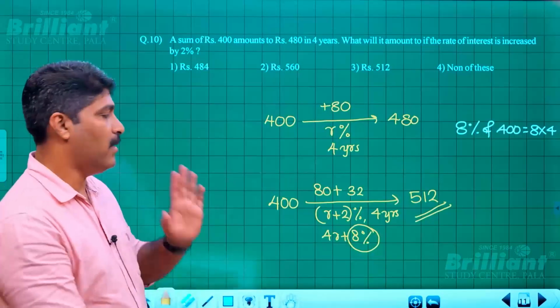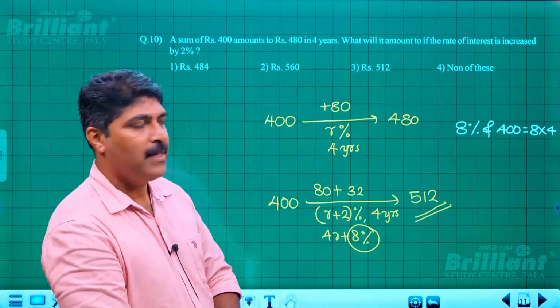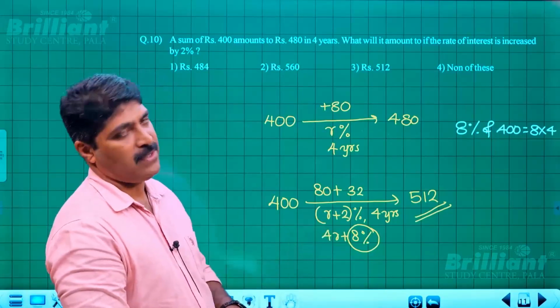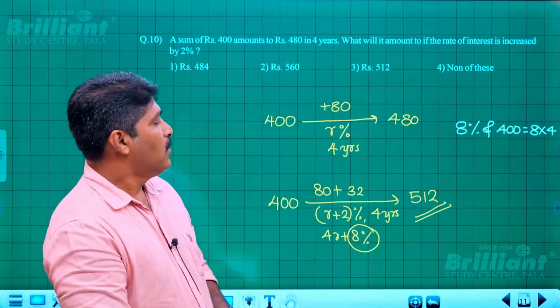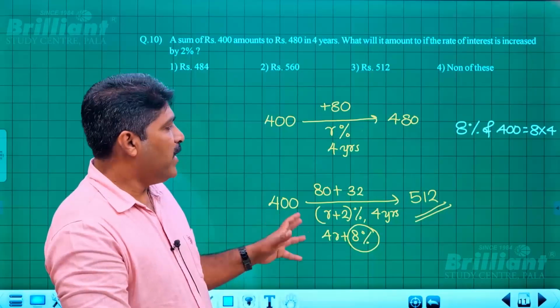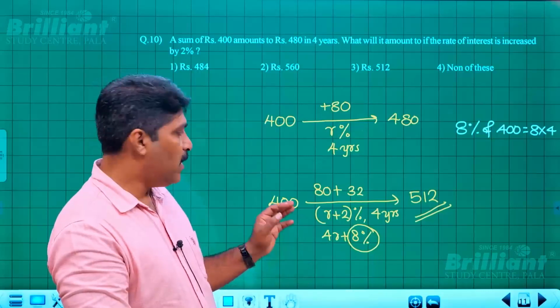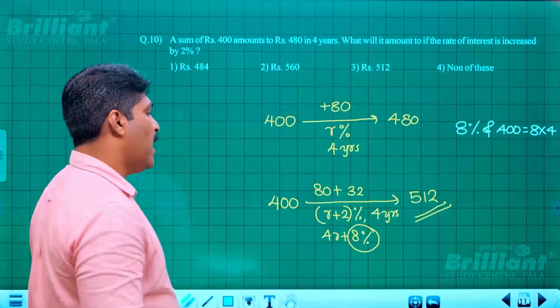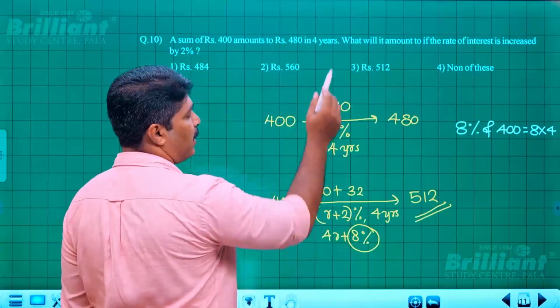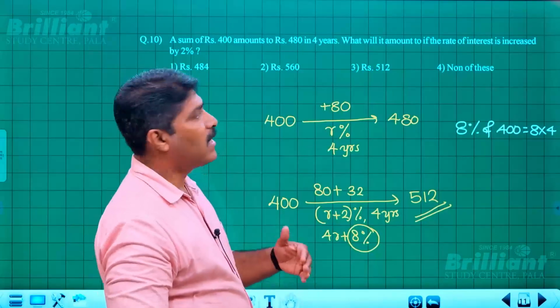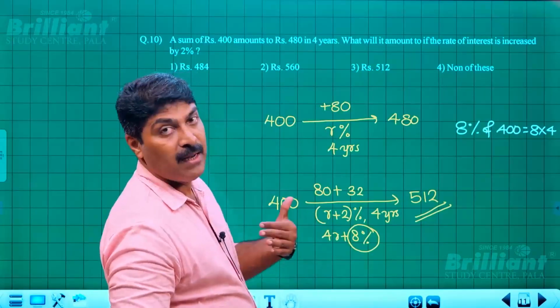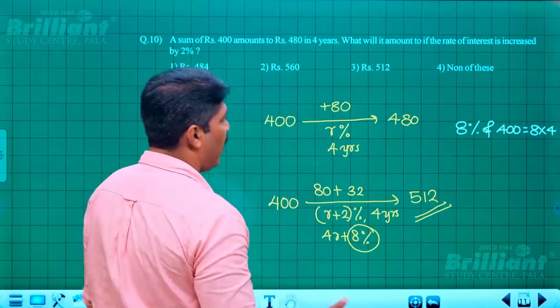So that's the simple logic here. Correct. So this way, we can catch the answer. Without doing too much complicated calculation, by using the simple trick, the additional 2% is for 4 years. Therefore, totally there is an increase of 8% in the profit or the interest that we have to consider.